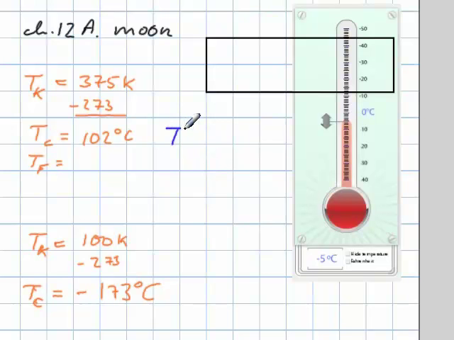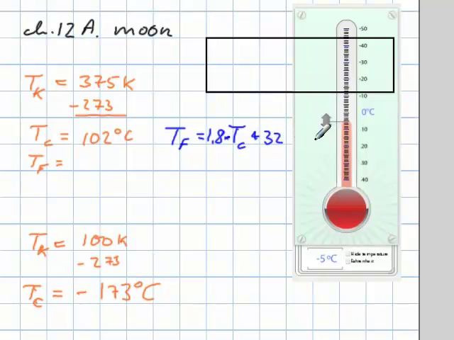Temperature in Fahrenheit equals the Celsius temperature times 1.8, and you're probably finding in places that it says 9/5. I just like to write down the 1.8 instead of the fraction, and then add 32.